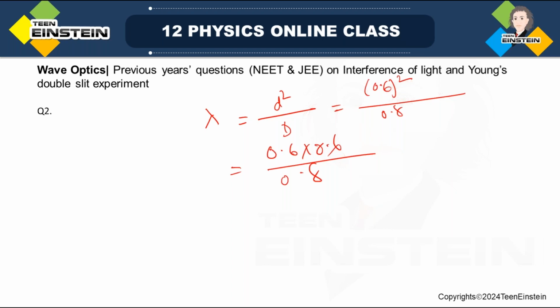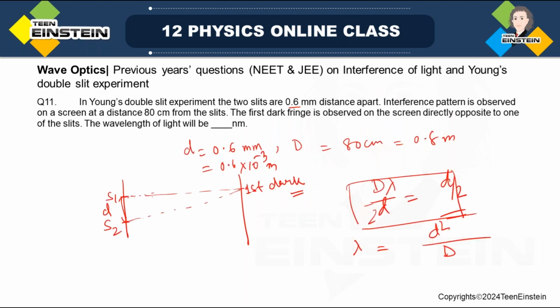Let me just check. 0.6, first dark, right?